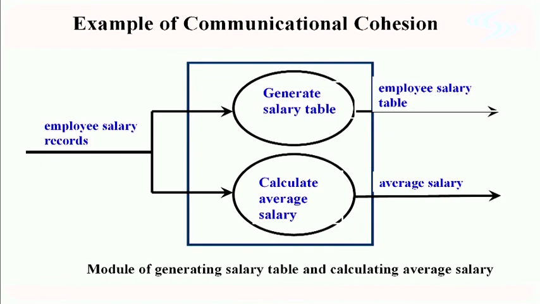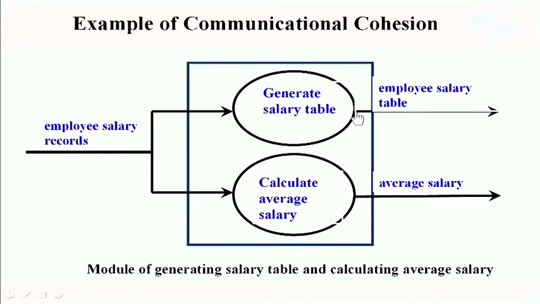For example, here's an example of communicational coherence. This is a module, and it has two tasks. One is to generate a salary table, and the other is to calculate the average salary. Well, the reason that they are within the same module is because they have the same input data.